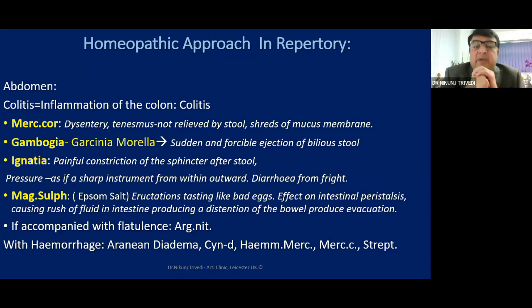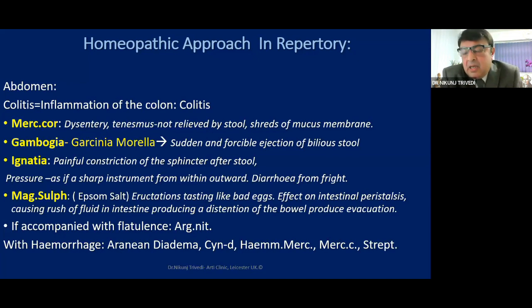Ignatia: painful constriction of the sphincter after stool. This is very important. Painful contraction of the sphincter after stool. Pressure as if a sharp instrument from within onward. Diarrhea from fright.